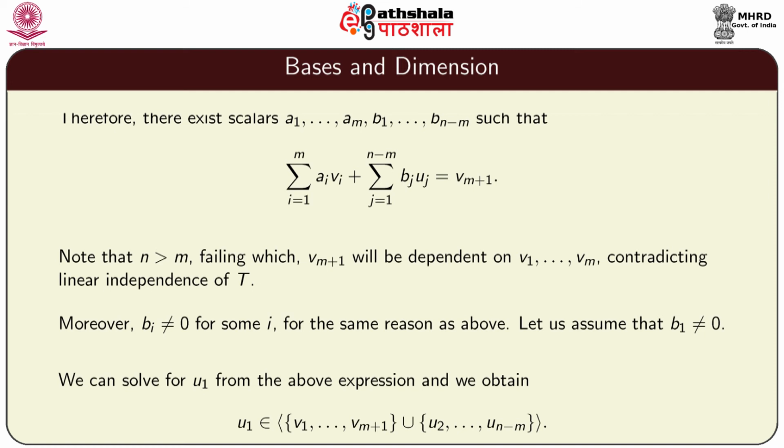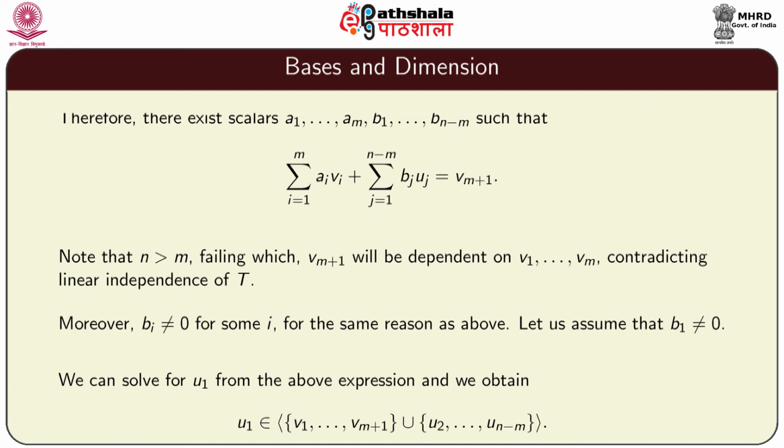Otherwise, the second expression on the right hand side, that is summation bj uj, where j is from 1 to n minus m, will simply disappear, and we would be left with v(m+1) equal to summation ai vi, which would contradict linear independence of T, because v(m+1) is a linear combination of v1 to vm, which cannot happen.